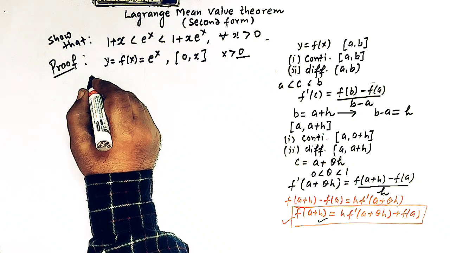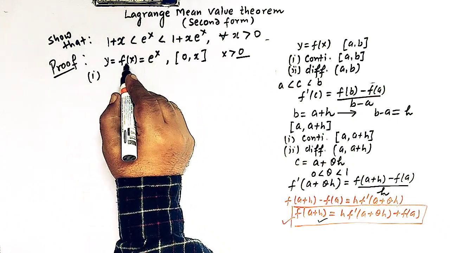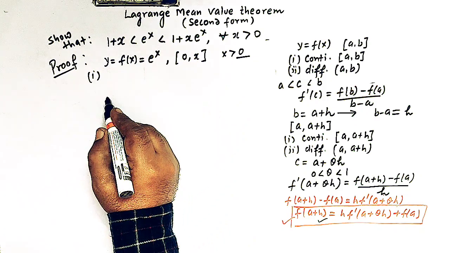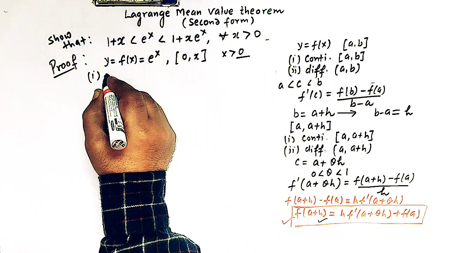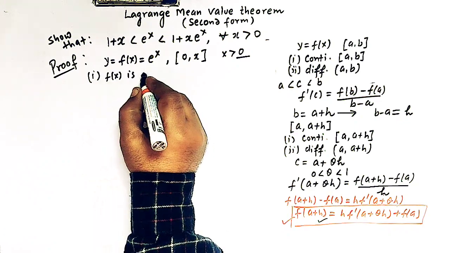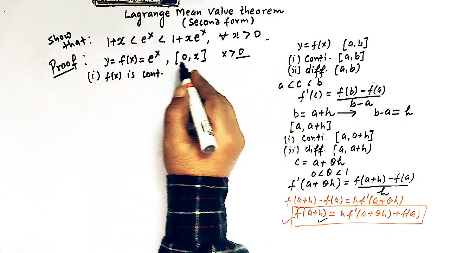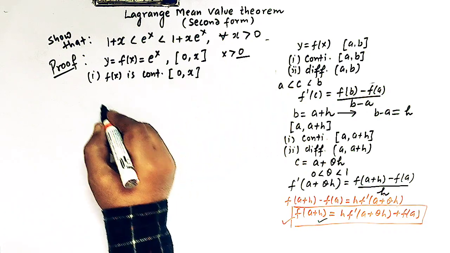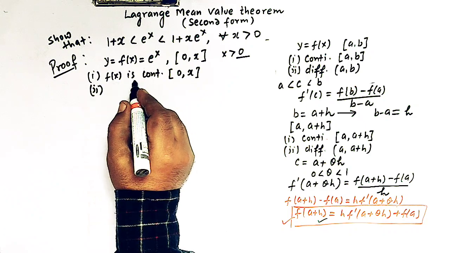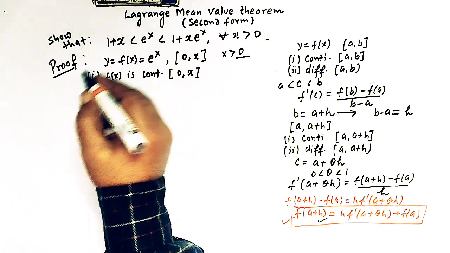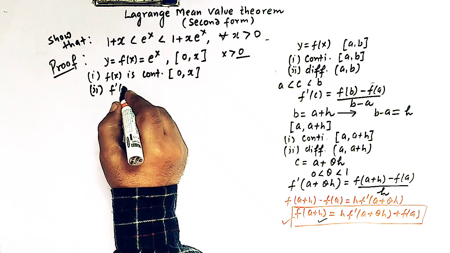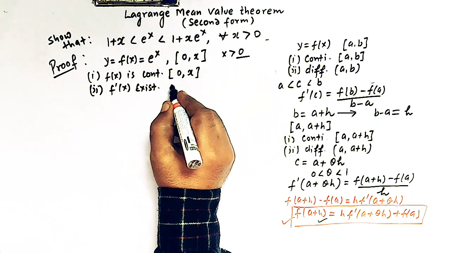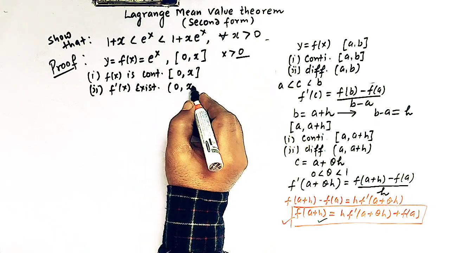We can see that this function f of x, equal to e raised to x, satisfies the conditions of Lagrange's mean value theorem. That is, f of x is a continuous function for all values of x greater than 0 in the interval 0 comma x, and f of x is differentiable, that is, f prime of x exists for all values of x in the interval 0 comma x.